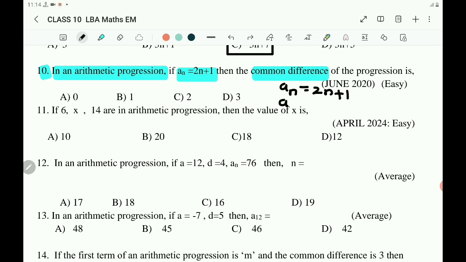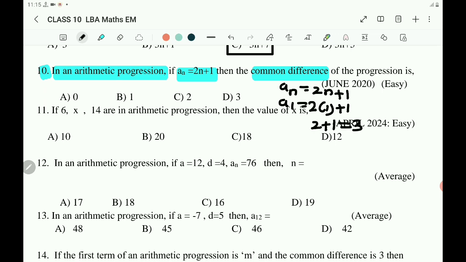First you find the first term a1, which means in the place of n you take 1. So 2n plus 1 means 2 into 1 plus 1. That is 2 into 1 is 2, plus 1 equals 3.